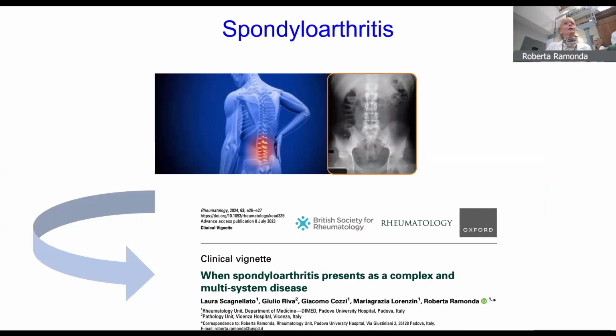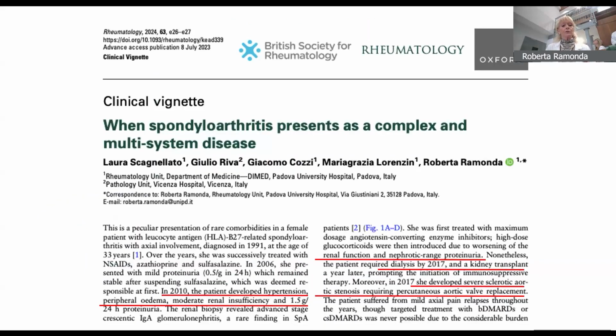In spondyloarthritis, heart involvement is described, and we described in these cases a patient affected by ankylosing spondylitis who developed hypertension, peripheral edema, and renal insufficiency, and she required a kidney transplantation. Not only that, she also developed severe sclerotic aortic stenosis, requiring percutaneous aortic valve replacement.